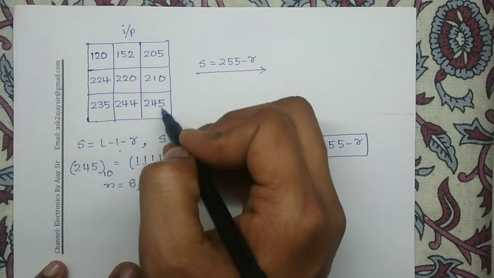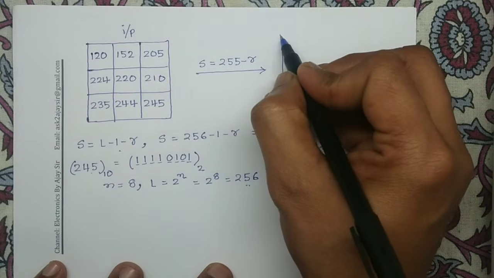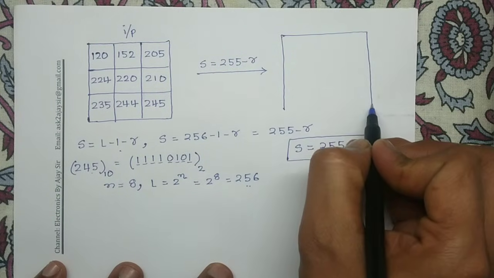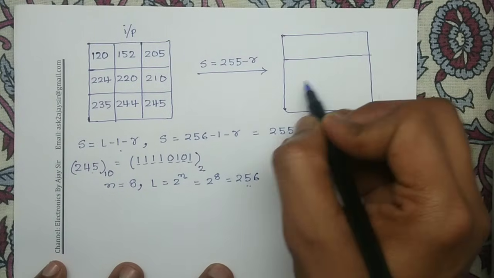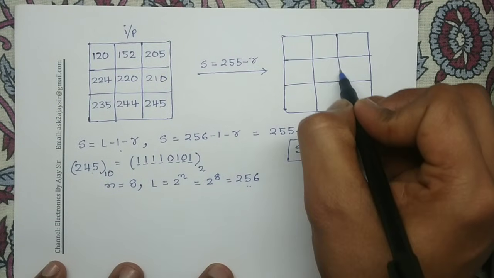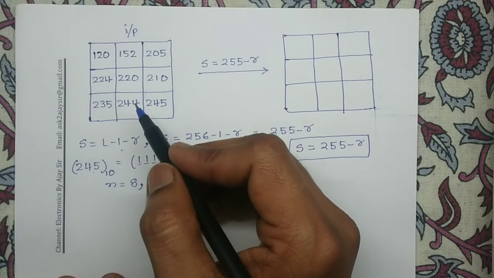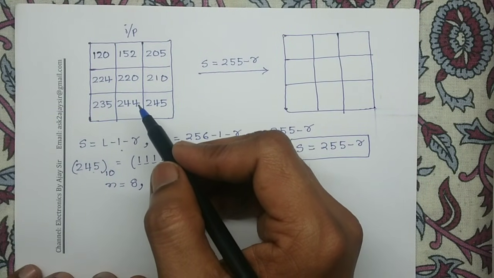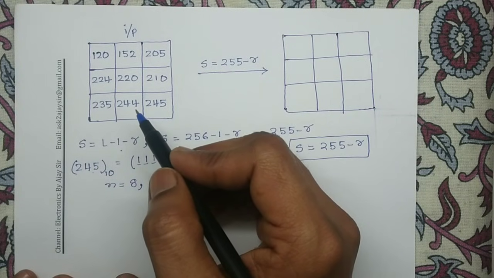Since the dimension of the given input image is 3x3, the dimension of my output image is also 3x3. Now pixel by pixel we will compute the output value.